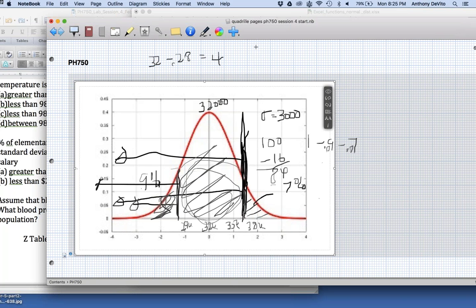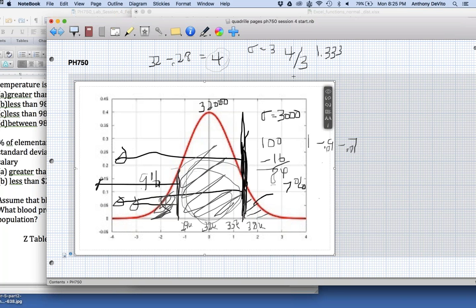What was the standard deviation? It was 3,000. How many standard deviations below the mean is the value 28? It's 4 over 3, 4/3 of a standard deviation, or 1.333.